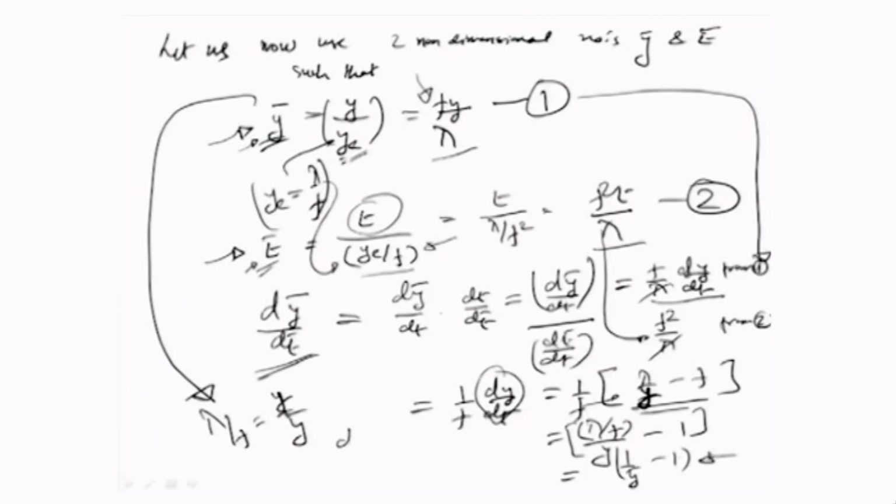In other words, dy dash by dt dash is equal to 1 by y dash minus 1, and this is the scaled version of the equation. Mind you, these are all ratiometric quantities: dy dash is with respect to the length scale, dt dash with respect to the time scale, and so forth.